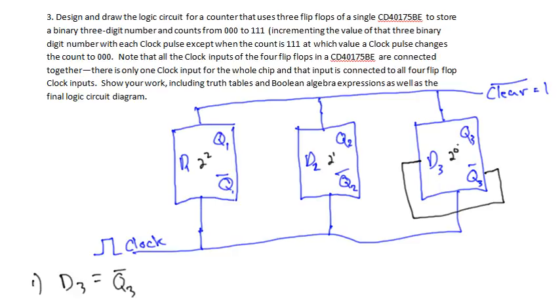In other words, if we get a 0 in this flip-flop, we'll have a 1 here, put a 1 on the input, and on the next clock pulse, whatever the value on the input is, that's what Q3 becomes. So this will just keep toggling back and forth. If it's a 0, we'll have a 1 here, so it'll become a 1. If it's a 1, we'll have a 0 here, so on the next clock pulse it'll become a 0. So that one is easy.